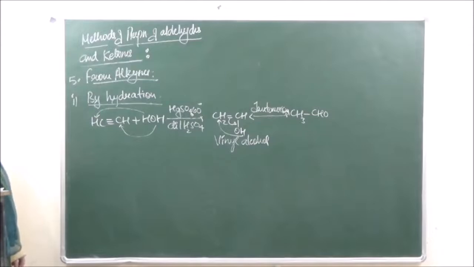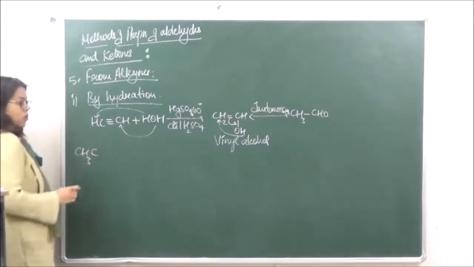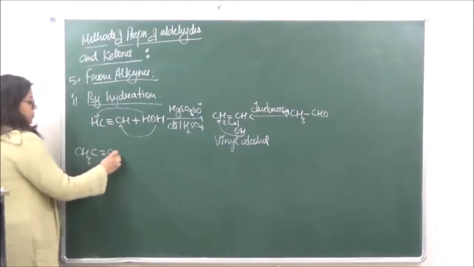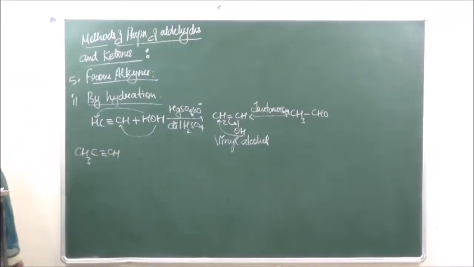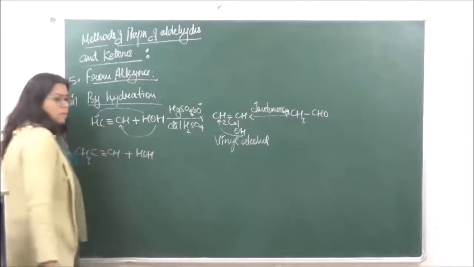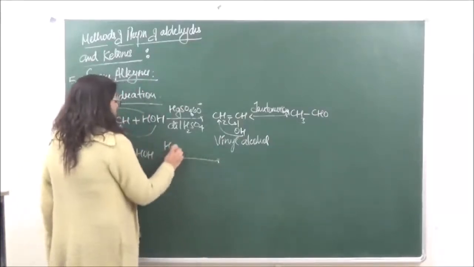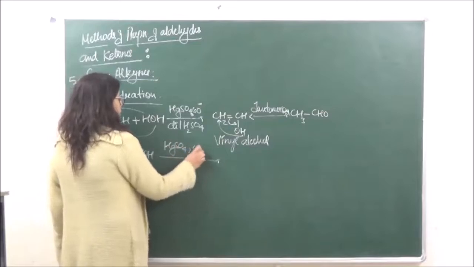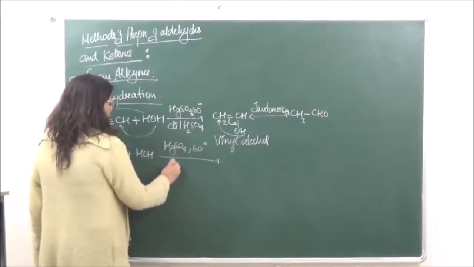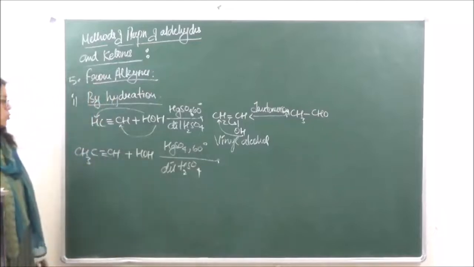So let's take another alkyne to understand it better. We are taking a longer one now. CH3C triple bond CH plus HOH in presence of dilute H2SO4.